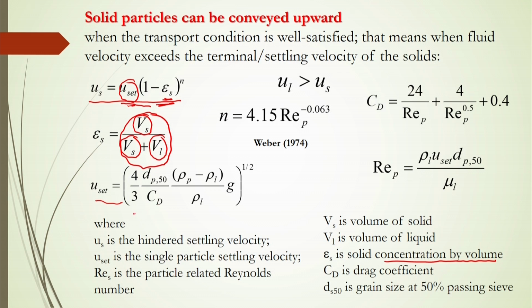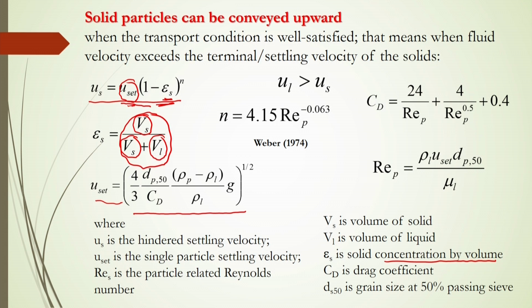So, from this condition you can calculate the settling velocity for the single particle. So, u set will be equal to [4 by 3 dp50 by CD into (rho p minus rho L) by rho L into g] to the power 1 by 2.